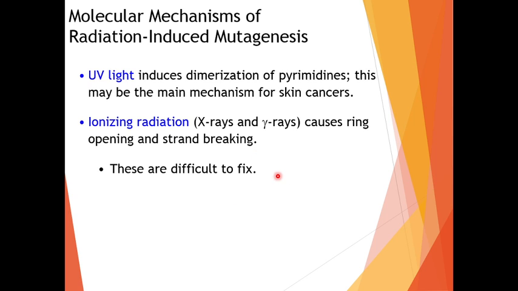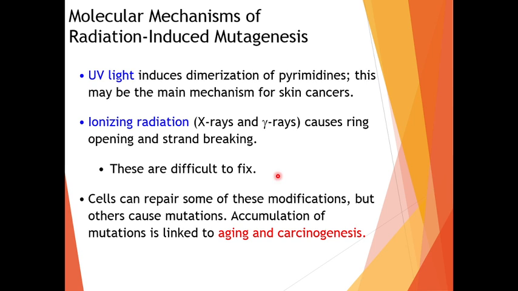These are relatively difficult to fix. Like the other two mutagenesis, cells can repair some of these modifications that are caused by radiations, but others cause mutations. Accumulations of mutations is linked to aging and carcinogenesis.